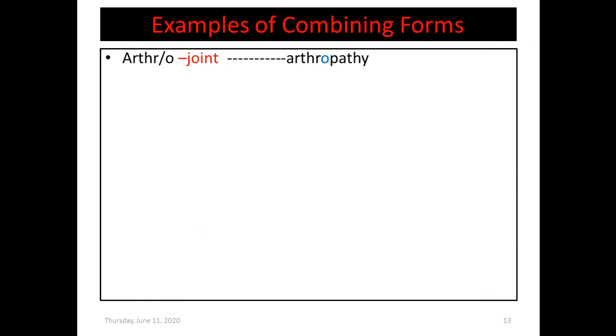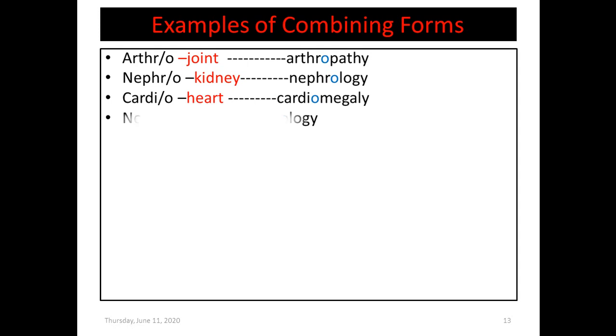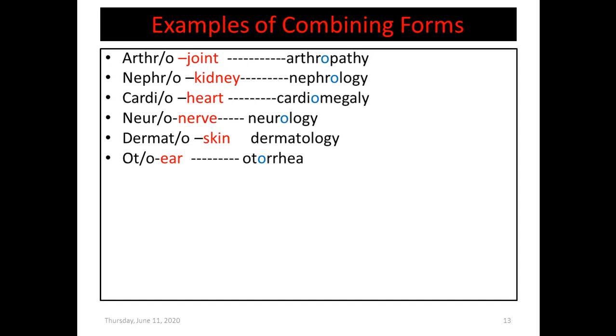Now examples of combining words. We have arthro, which means the joint. If we want to add an additional part to the word, we say arthropathy. Nephro means the kidney, nephrology. And we have other terms: cardio, cardiomegaly; neuro, neurology; dermato, dermatology; ear, otorrhea, discharging ear.